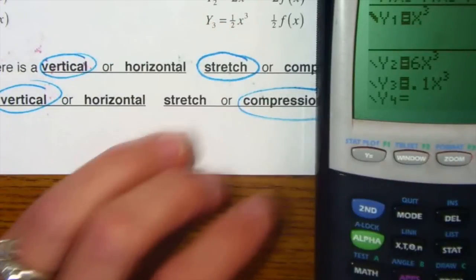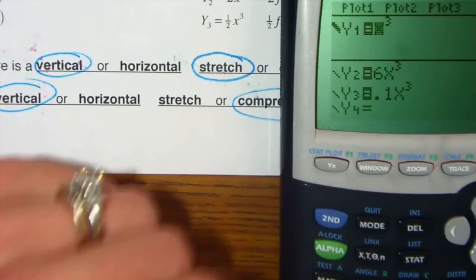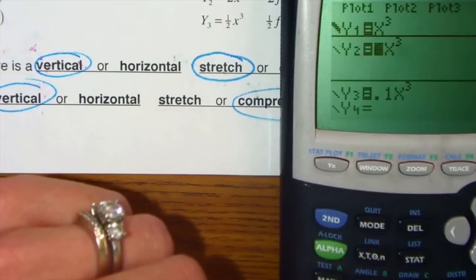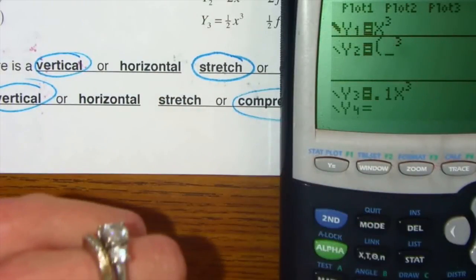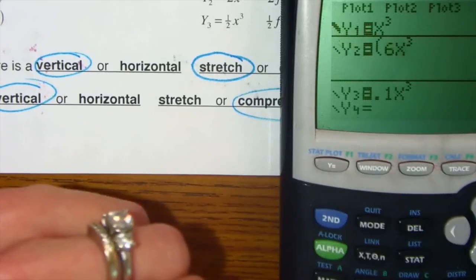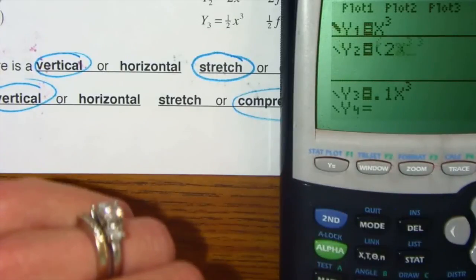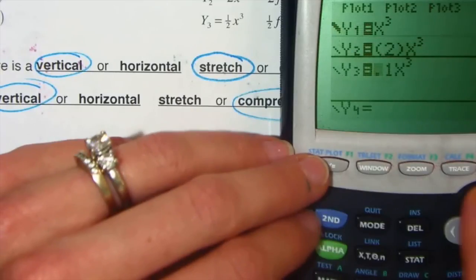So let's take a look at the x cubed graph. And what I'm going to do is put in some parentheses here. We better just do 2.